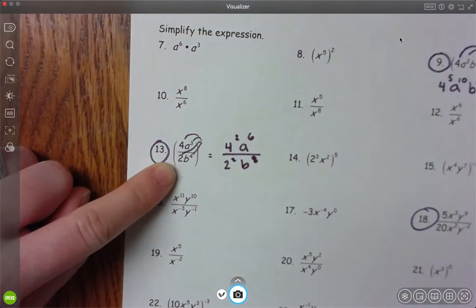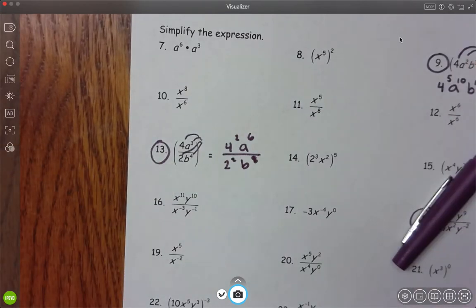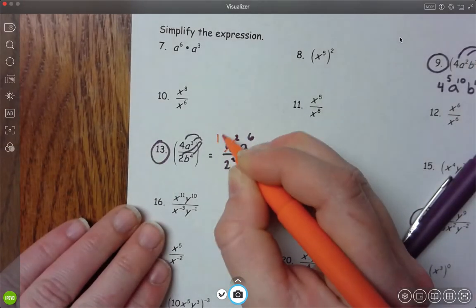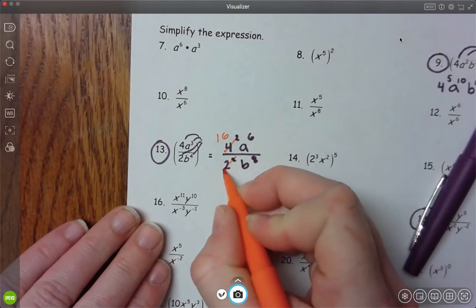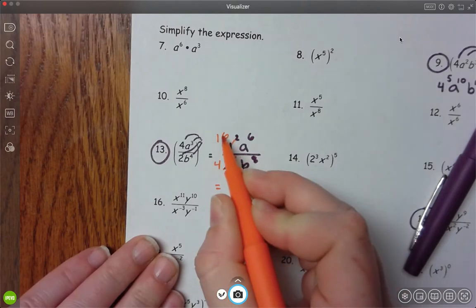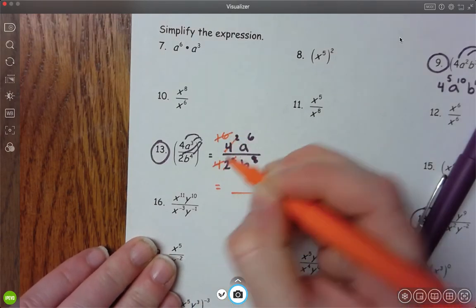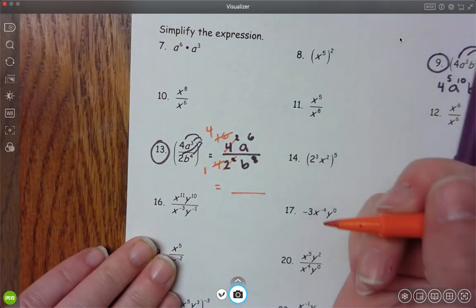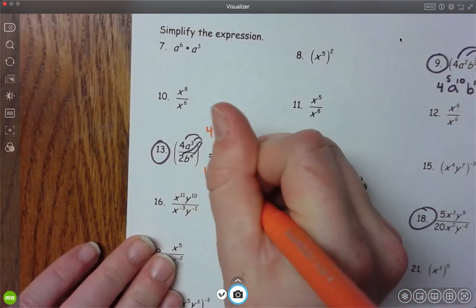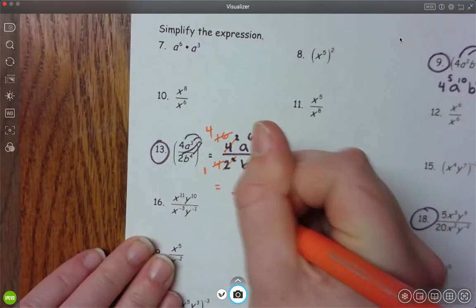Okay, and then I just need to simplify my other stuff. So 4 squared is 16, 2 squared is 4, and then what I can do is I can reduce the 16 and the 4. So 16 and 4 becomes 4 and 1 if I divide both of those by 4. So I will have 4 on the top, a to the 6th on the top, 1 b to the 8th on the bottom.